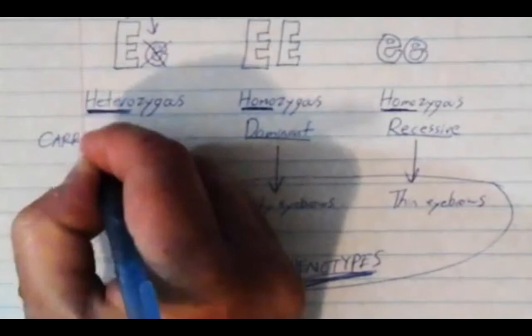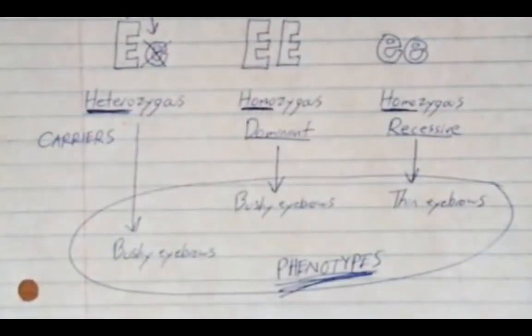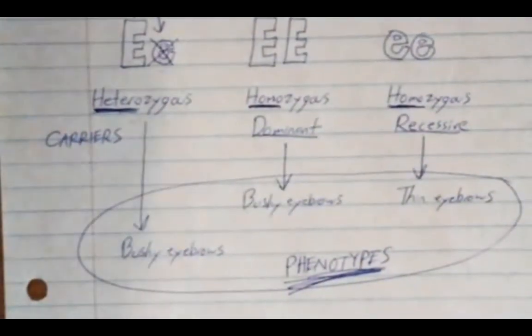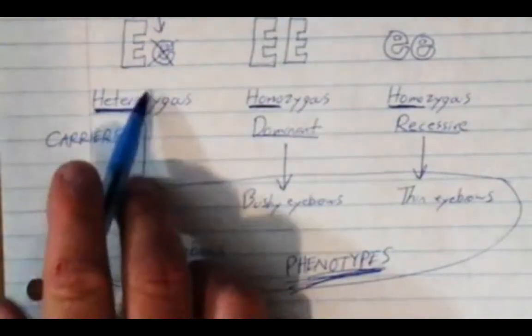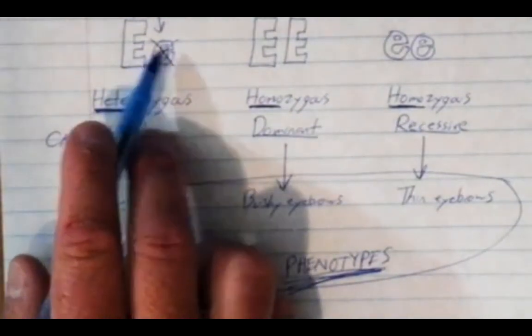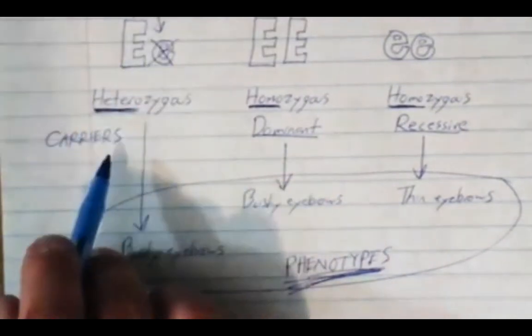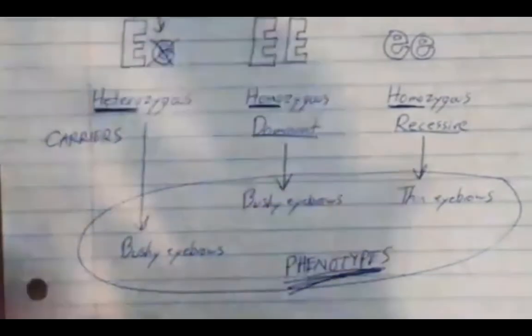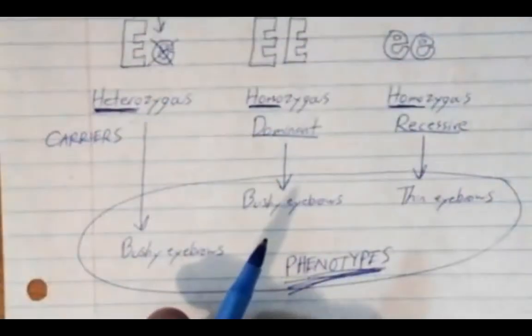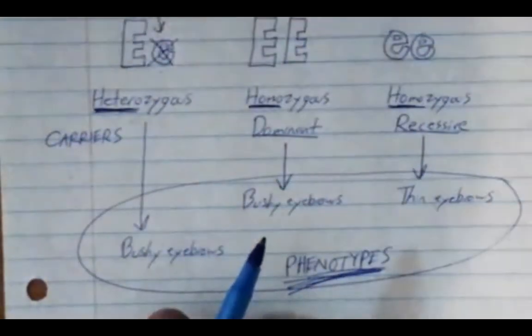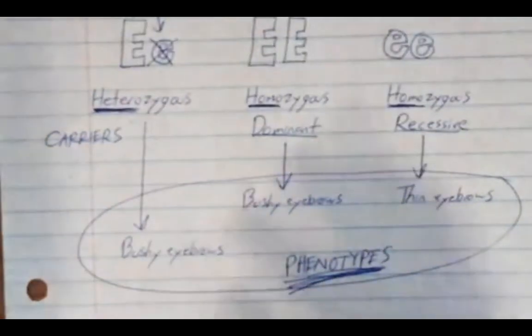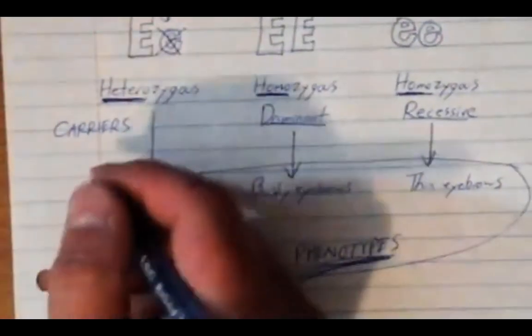When we talk about disease, carriers are people who have the DNA for that disease, even though they may not be showing it. They have the DNA for that disease, but because they have a capital letter that dominates over it, they don't have the disease itself. They just have the DNA inside of them. And so they could give a disease to their child, even though they themselves don't have a disease. Okay, so this is carriers.